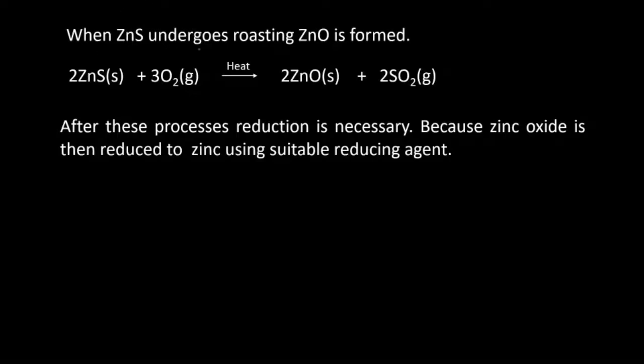When zinc sulfide undergoes roasting, zinc oxide is formed. The chemical equation is 2ZnS plus 3O2 gives 2ZnO plus 2SO2. After these processes, reduction is necessary because zinc oxide is then reduced to zinc using suitable reducing agent.